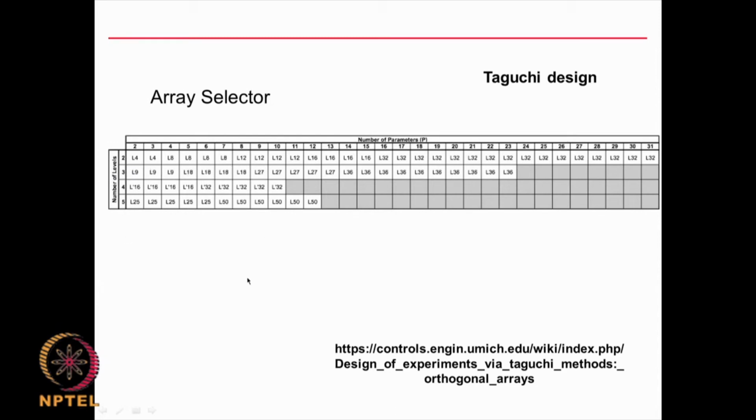You have tables for L4, L8. If I have 2 or 3 parameters, I can use the L4 table. If I have parameters 4, 5, 6 or even 7, I can use the L8 table. And if I have parameters 8, 9, 10, 11, I can use the L12 table and so on.